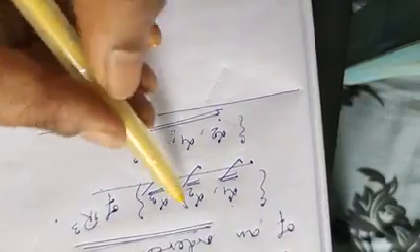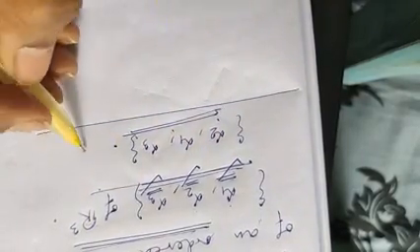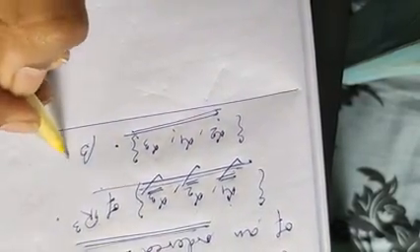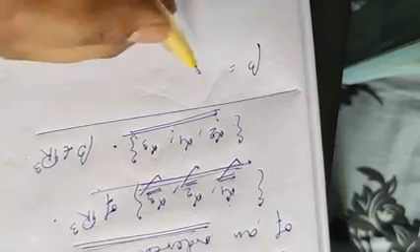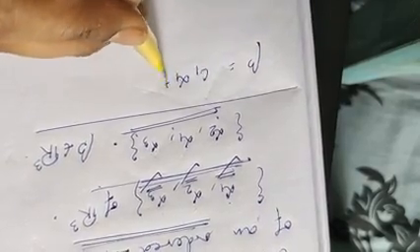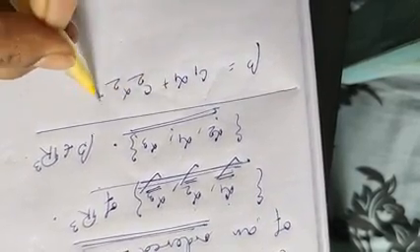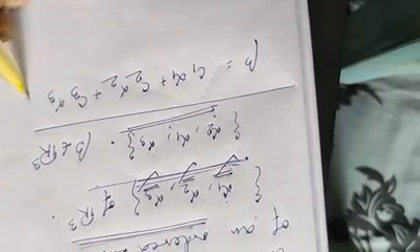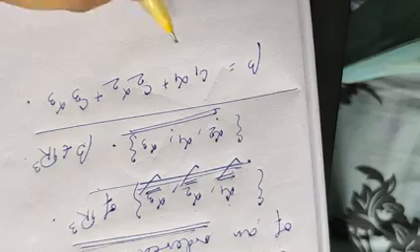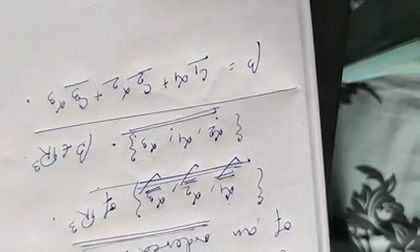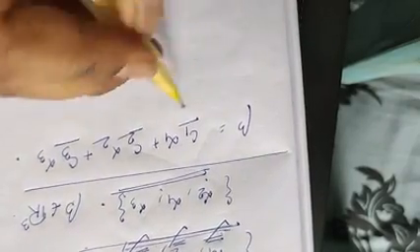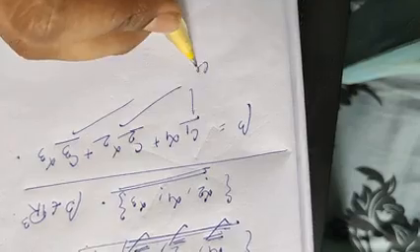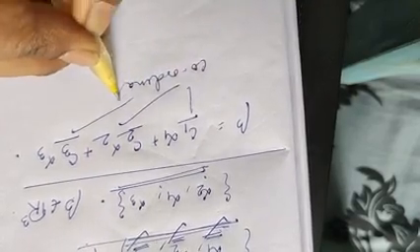This is our ordered basis and we are given one vector beta belonging to the space. Then beta can be expressed as C1 alpha 1 plus C2 alpha 2 plus C3 alpha 3, because these are the basis elements. Then these C1, C2, C3 are said to be the coordinate vector.